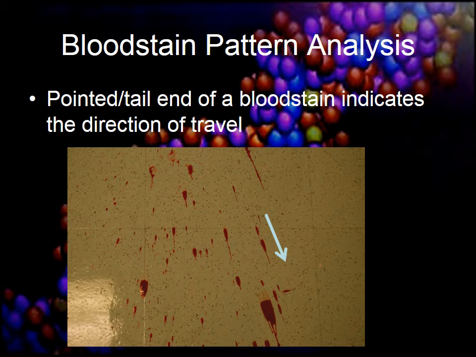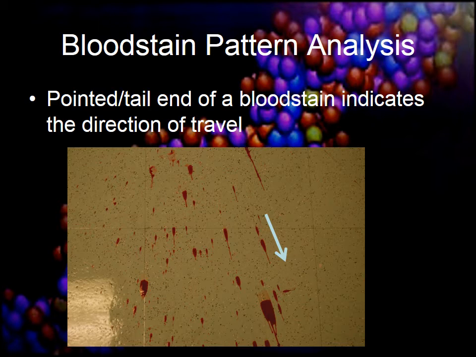The reason is that's how surface tension works when it breaks. When that bubble hits the ground, it breaks in a fashion that it sends satellite stains, what we call satellite stains, or the tail, that are smaller than the larger stain itself. So the surface tension is broken and it actually explodes, so to speak, and the tail extends beyond the original stain.